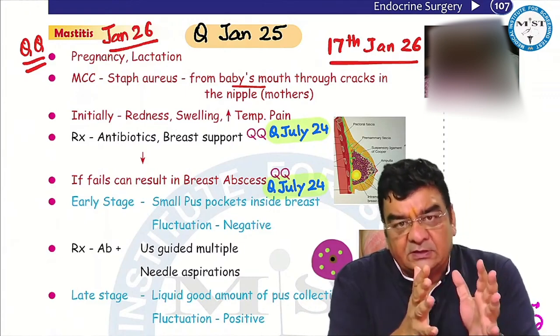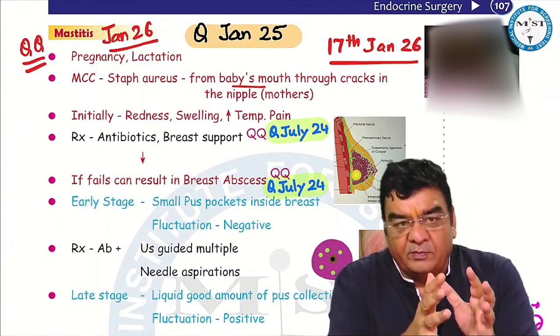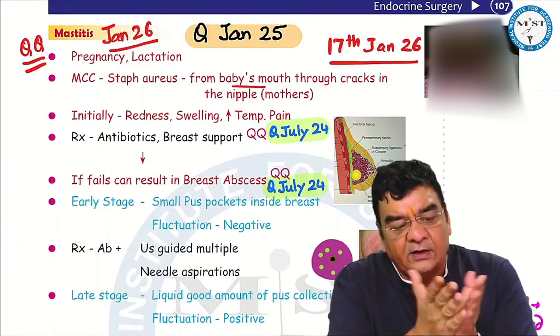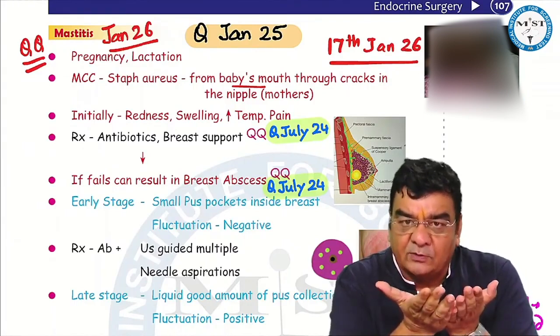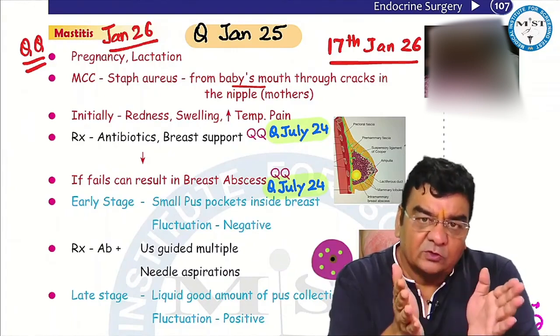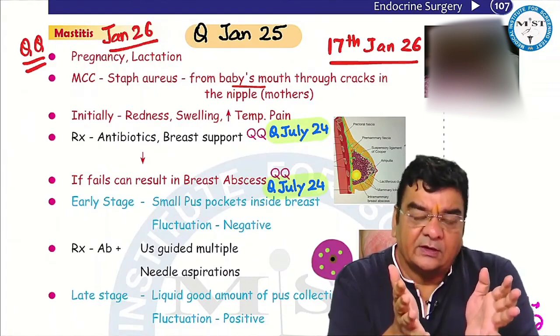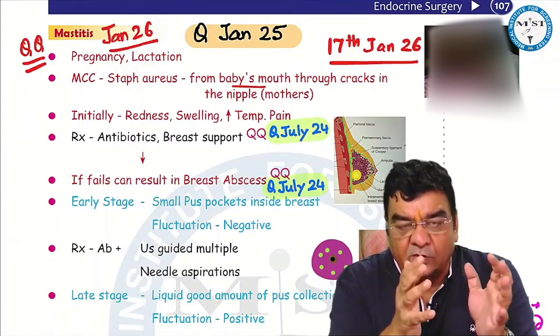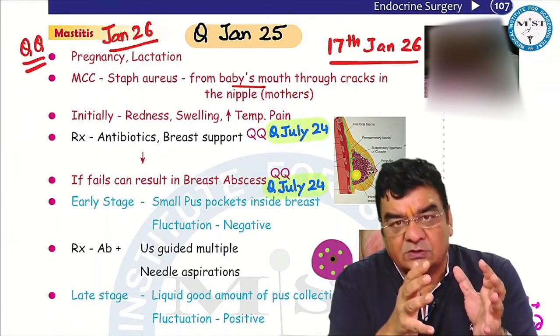This stage can be treated by giving adequate antibiotics against the Staph aureus and giving adequate breast support. But if the lady is quite shy and she does not report to the hospital at the stage of mastitis, the Staph party inside the breast, which is engorged with milk, continues.